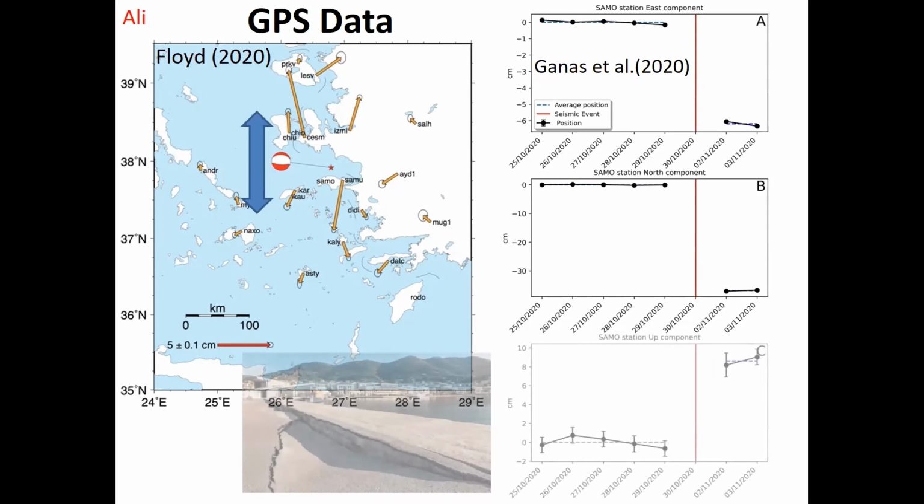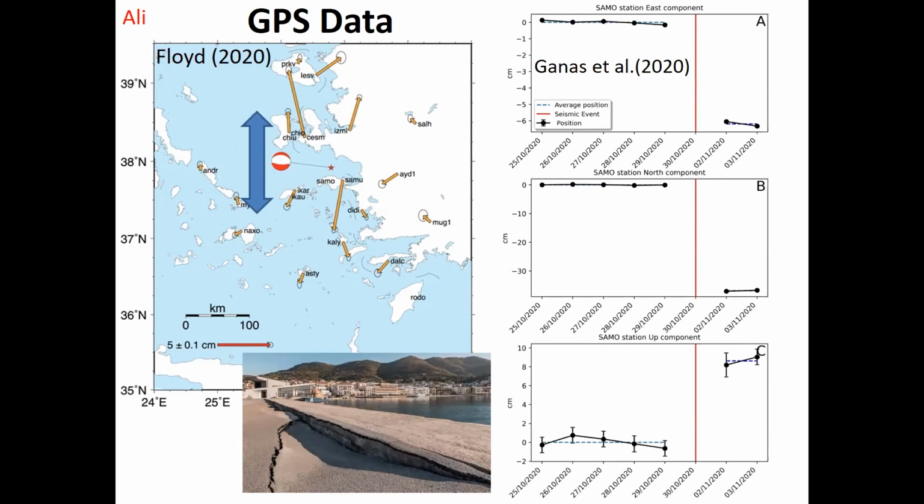Just the vertical motion observed at Samos station is indicated here, and it clearly shows an uplift of around 8 to 10 centimeters. On the left, you can see figures indicating such motions, or maybe there is also a component of strong shaking that may cause subsidence.